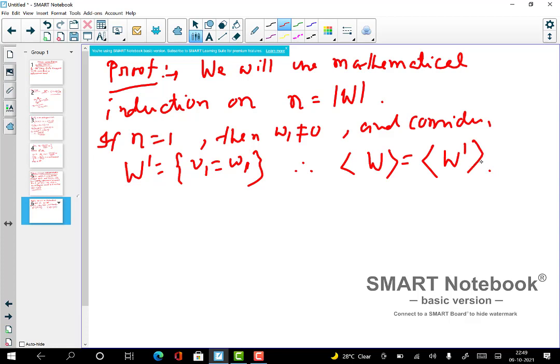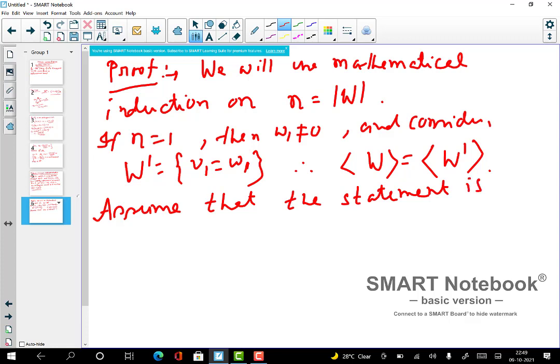This is obvious, the n equal to 1 case, right? Now, what does the induction hypothesis tell you? So you assume that the statement is true for k minus 1, some number that is given, let's say.